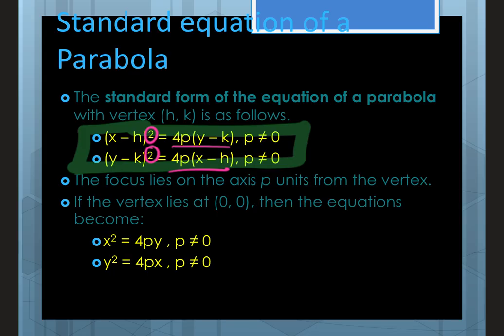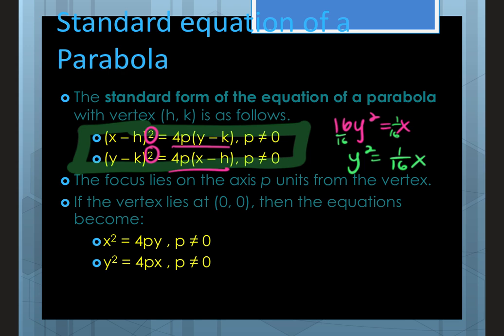So if it's in parentheses and squared, it can't also have something on the front. It has to be on the other side. So if I had something like 16y squared equals x, I cannot leave the number in front of the squared term. I'd have to move it to the other side, either divide by 16 or multiply by 1/16, and rewrite that as y squared equals 1/16 x. So there can be nothing on the front of the x squared or y squared.